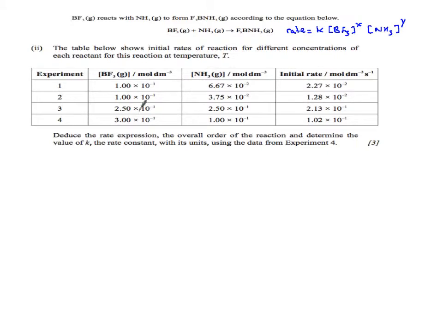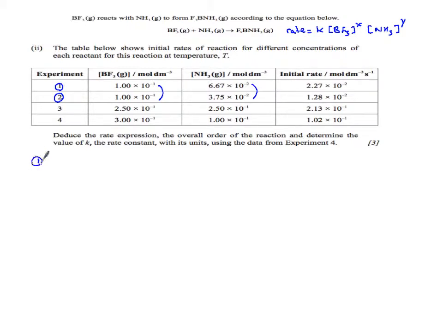The first thing we do is find two experiments where the concentration of at least one reactant is constant, which is 1 and 2. So I'm going to divide experiment 1 by 2 because I have a tendency to divide the bigger number by the smaller number.